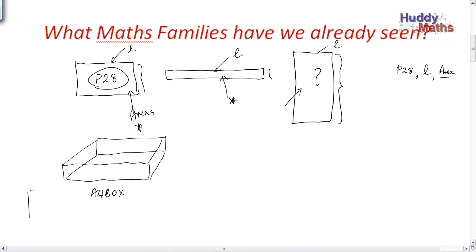Let's just go back: A4 sheet, and we cut squares out of the corners. So the surname could be A4 box. There are different sorts of boxes possible here. Bigger squares cut out, and you get a different box there.